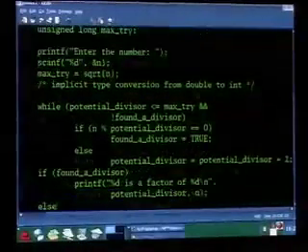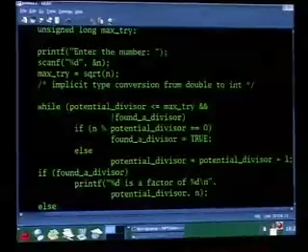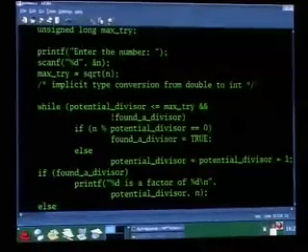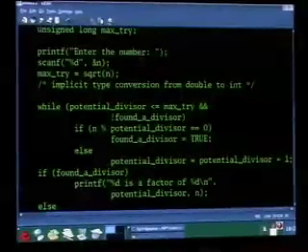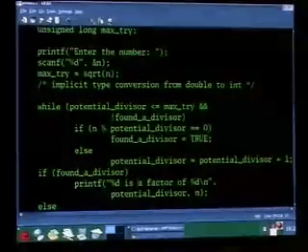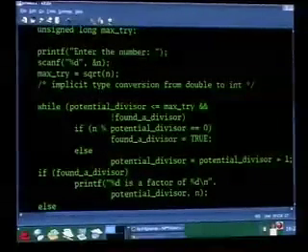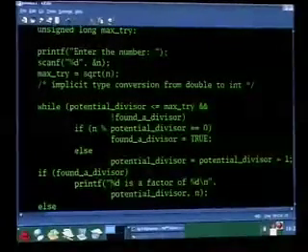At the end, when the loop terminates, if we have found a divisor, that means that n is not a prime. In fact, instead of just saying n is not a prime, we also say why, because here is a factor of n which is not 1 and which is not n. So %d is a factor of %d.